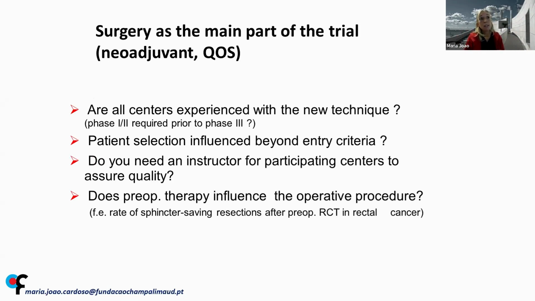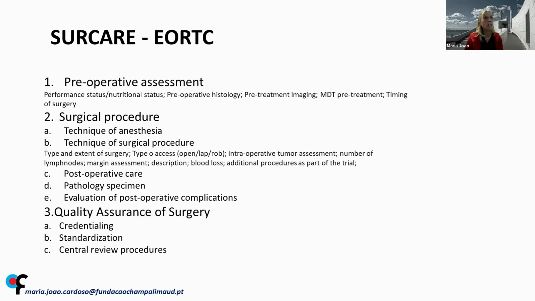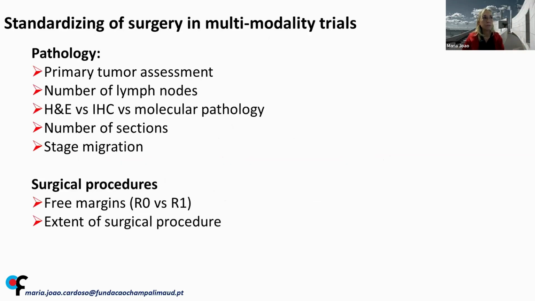And patient selection will be influenced, we have bias, and we are not going to obtain the same results. For instance, the EORTC has the quality assurance program. For example, if we are going to have a trial that will include surgery, radiotherapy, and oncology, we need to have these criteria that are going to be checked in every surgical approach.